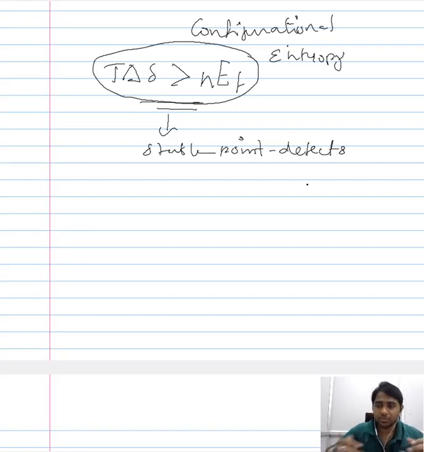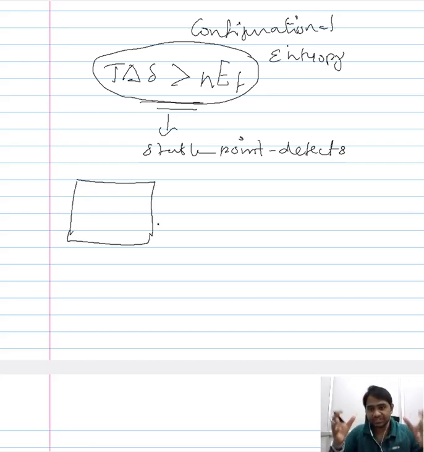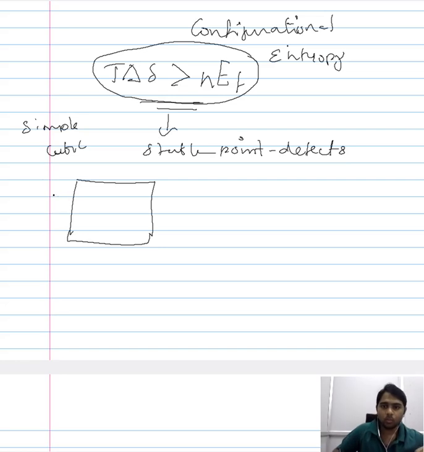I will just give you a brief idea of how point defects increase the configurational entropy. Consider a crystalline system, and let us assume that to be, say, a simple cubic, and let us focus on the sequence of the simple cubic along the 100 family of planes.